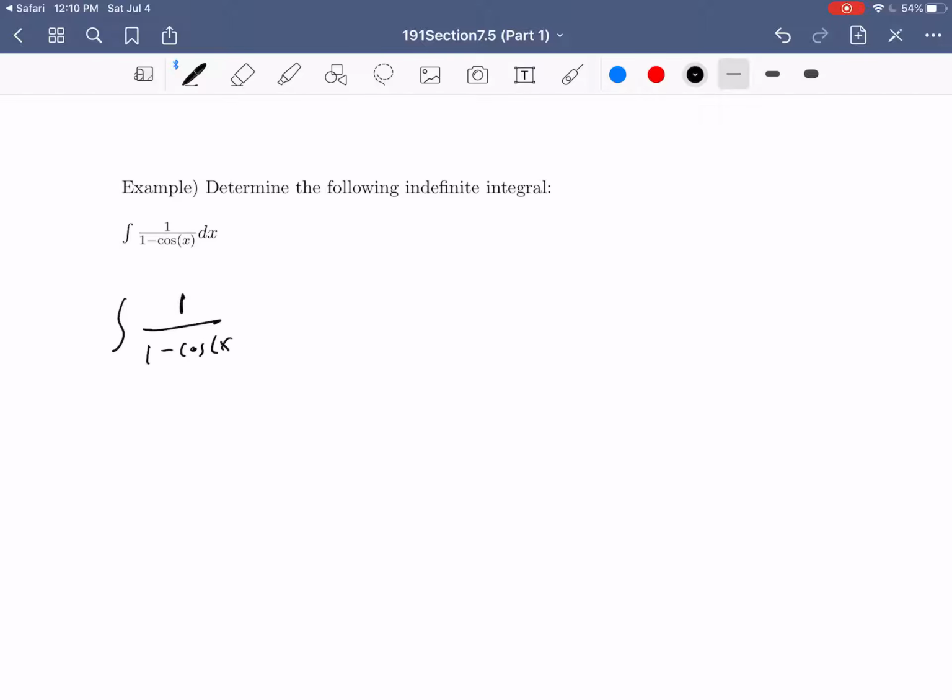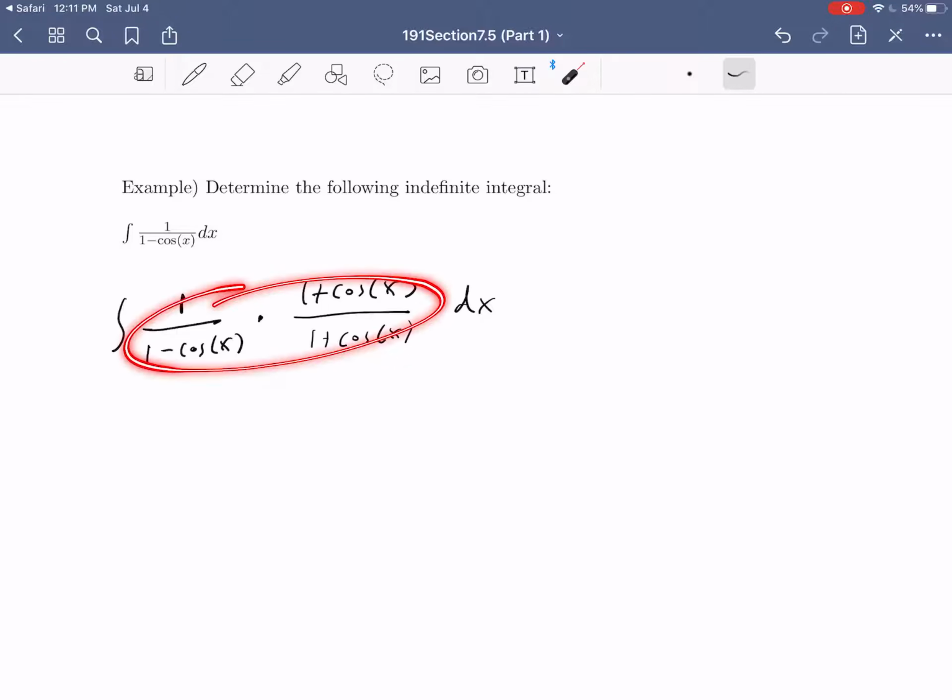So we're going to take 1 minus cosine x, 1 plus cosine x, over 1 plus cosine x. Now, this might seem weird, but remember, it is based on the logic that working with those trigonometric functions would be easier if we had a cosine squared, and this multiplication is going to make it really nice and easy, because here we're using a minus b, here we're using a plus b.